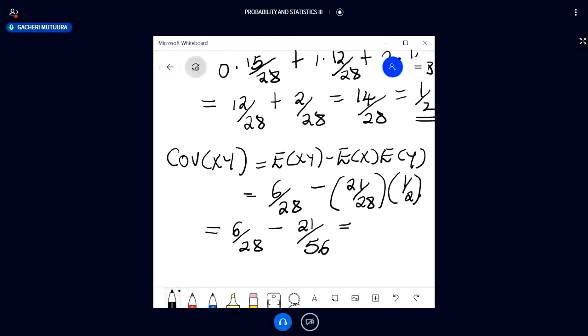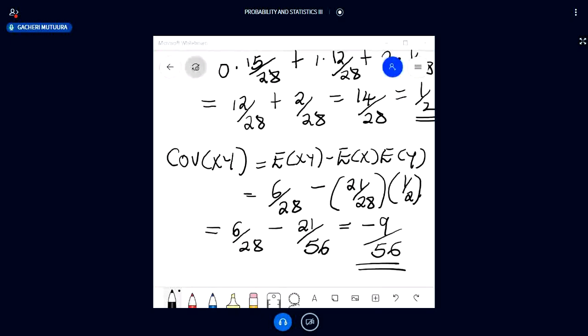It's 12 minus 21. 12 minus 21 is negative 9. So you notice that the covariance is negative, which simply implies that there is some sort of negative association.